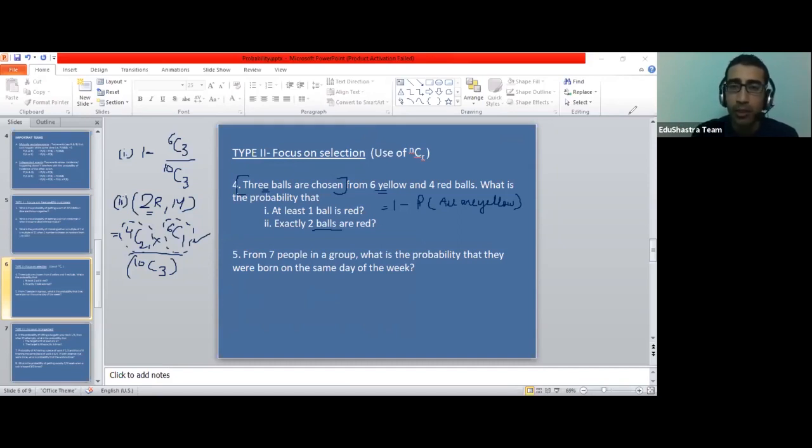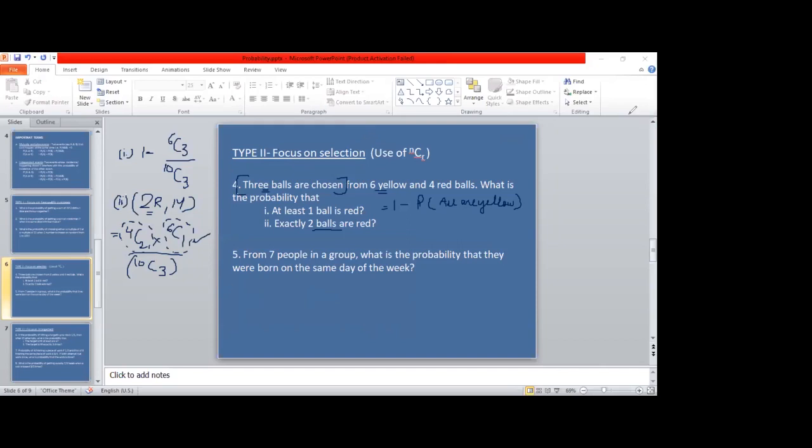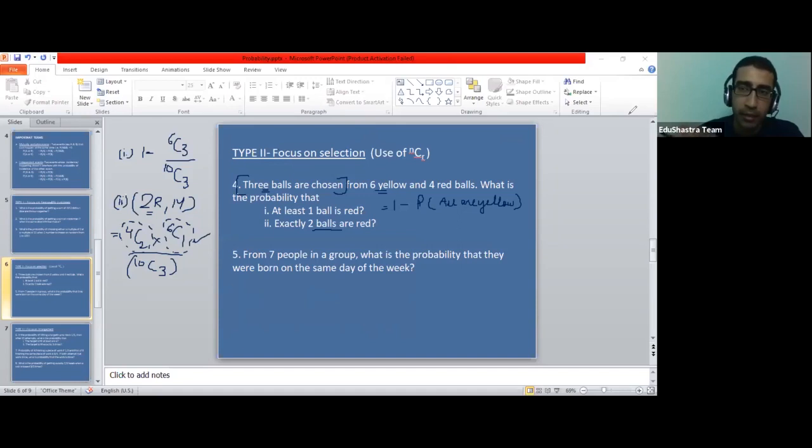If the question read 3 balls are chosen at random from 6 yellow balls, say, and you had to calculate the total number of ways in which that could be done, so 3 yellow balls need to be drawn from 10 total balls, let's say that is the question. Then 6C3 upon 10C3, forgetting about the red balls and the other details, would give me the answer. There's no sequence here, just choosing 3 balls at random. But if you calculate the answer sequentially, you would have got the same answer.